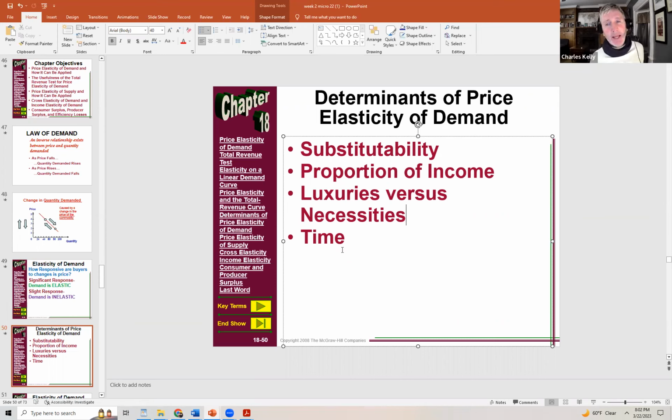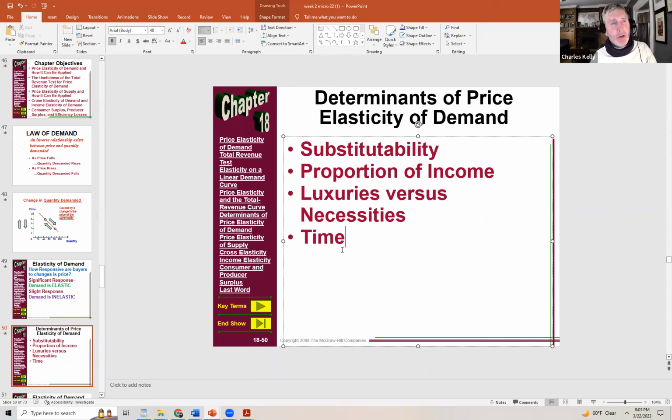Demand is rather elastic. The last factor is how much time buyers have to respond. You go to the ball game, you're at a concert, you're at the movies, wherever it may be, and you're super thirsty. You really want a bottle of water. You don't feel like paying $5 or $6 for a bottle of water, but in that context, you don't really have time to change your habits.